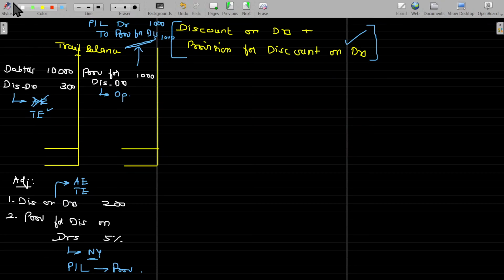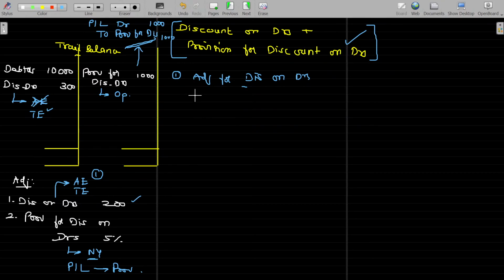So first, what you have to do? You have to pass the entry for adjustment entry number 1. Adjustment entry for discount on debtors. For which discount on debtors? Given in the adjustment. For discount on debtors given in the trial balance, the journal entry was already passed. You don't need to worry about that. So I am going to pass the entry for this.